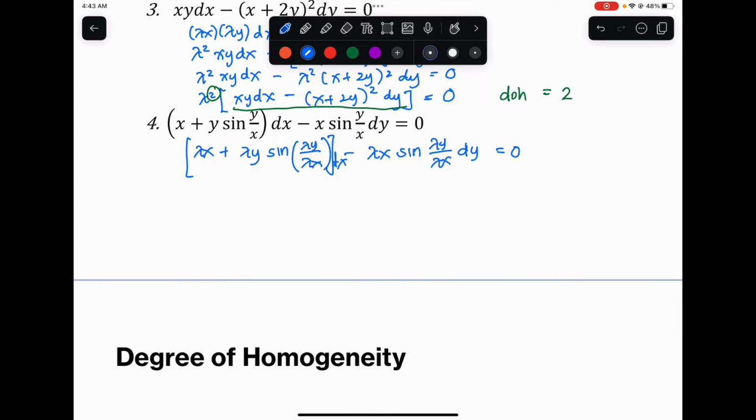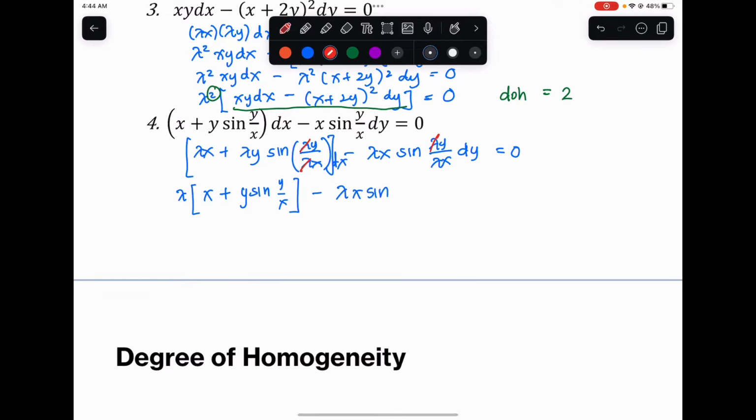So I can factor out lambda here. So lambda, and then x plus y sine. By the way, lambda and lambda would be cancelled out, so we still have y all over x here. Then minus lambda x sine.